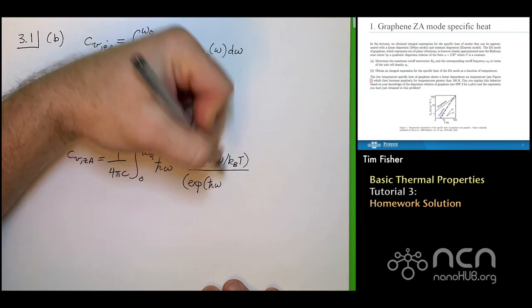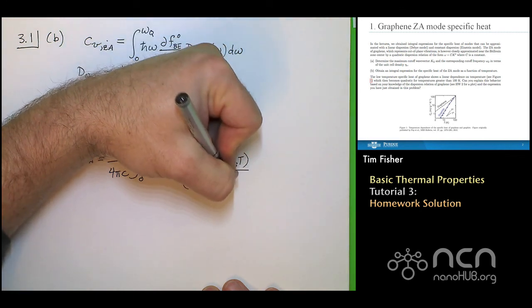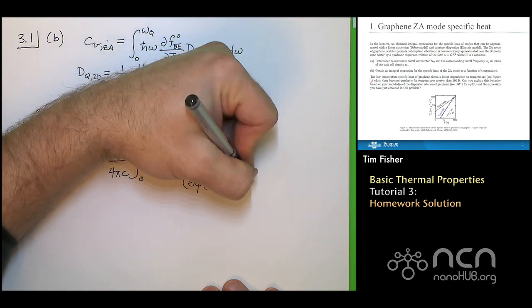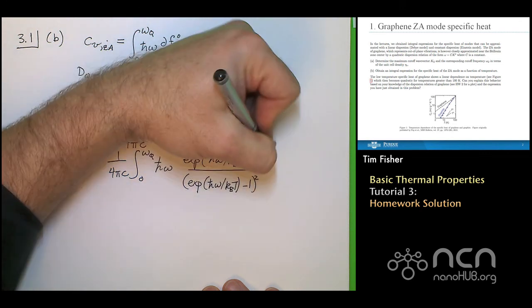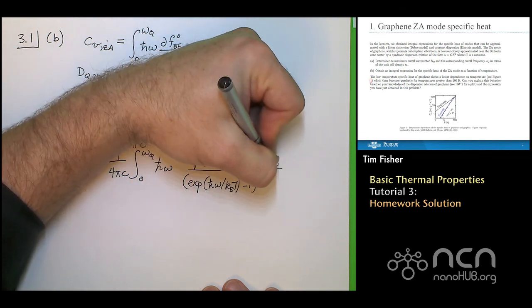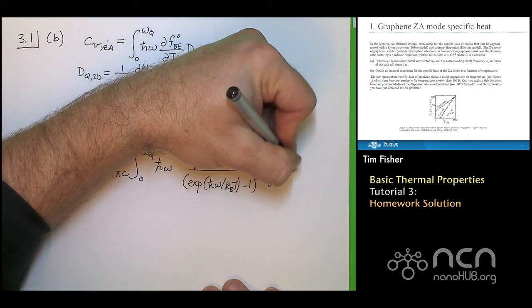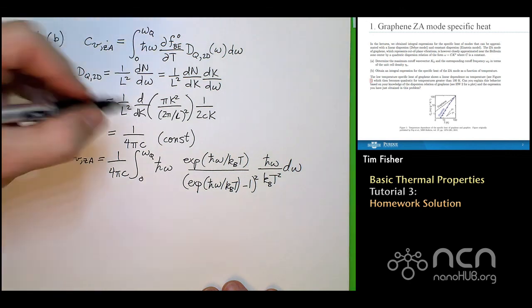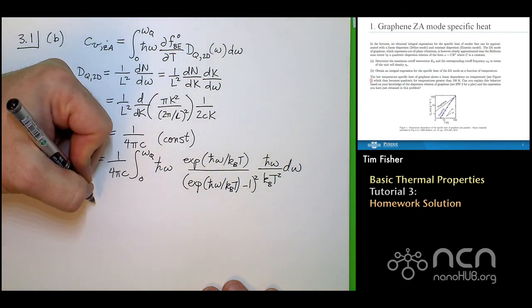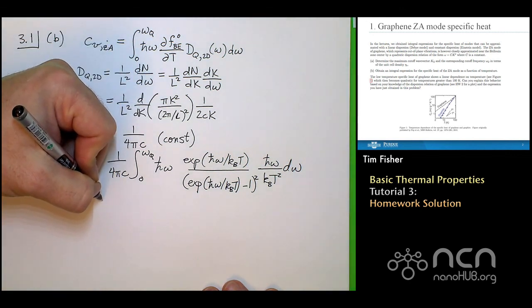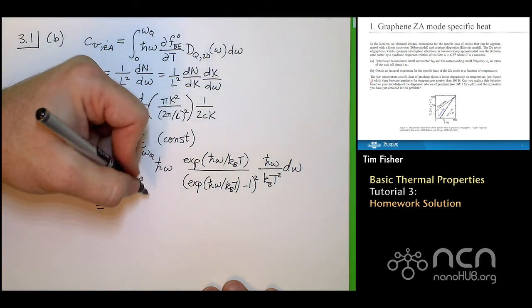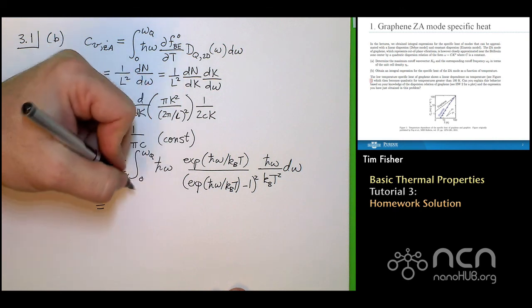It's also in the draft textbook. All right, it's a fairly complicated integral, but the term h bar omega over kT keeps showing up, and so we use that as a non-dimensional energy term. And then we make some further substitutions.